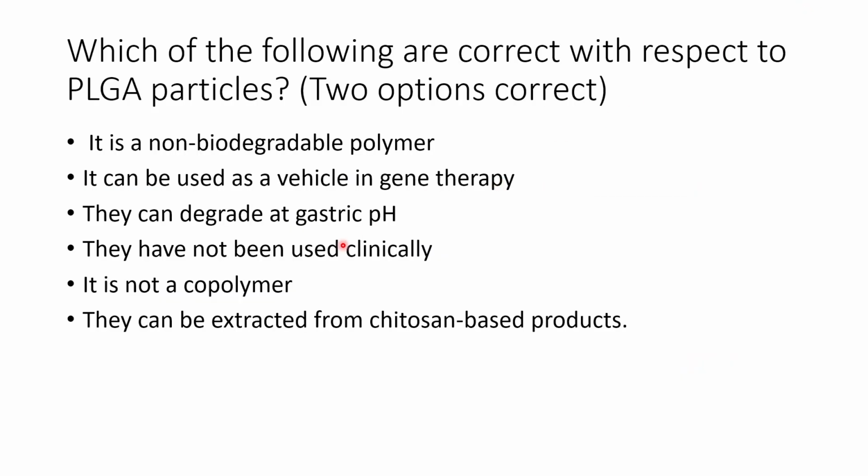And can they be extracted from chitosan-based products? No, not really, because chitosan is naturally derived. So it can be used as a vehicle in gene therapy, and it can degrade at gastric pH. Those are correct with respect to PLGA particles.